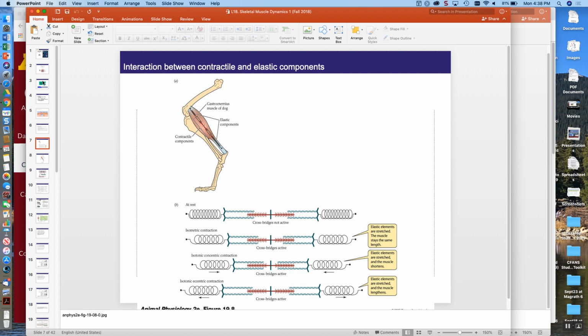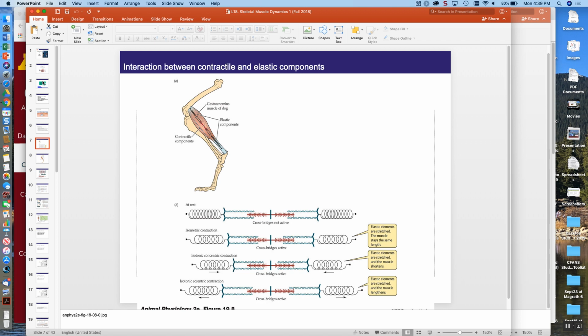If there was a force transducer on the other side, it would measure the increase in force as I press harder and harder on the blackboard. But I'm not allowing my muscle to shorten, and I'm not allowing bones to move. That's a typical isometric contraction. Iso means same, metric means distance.